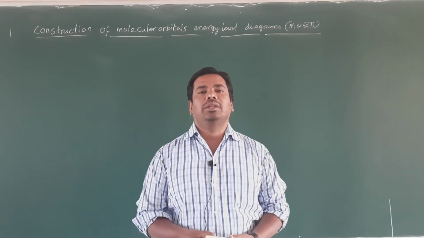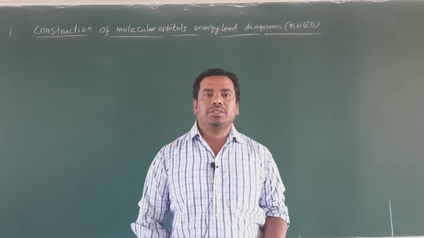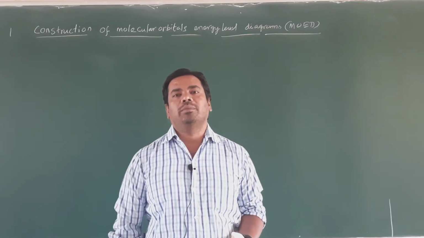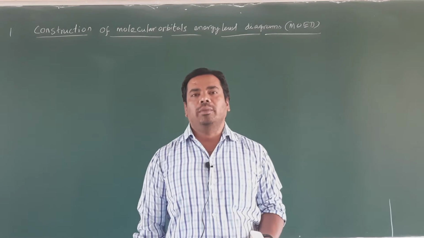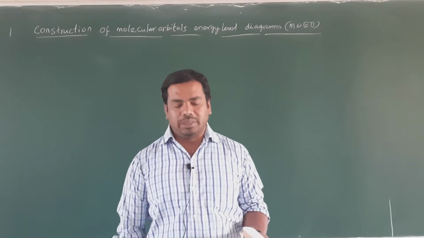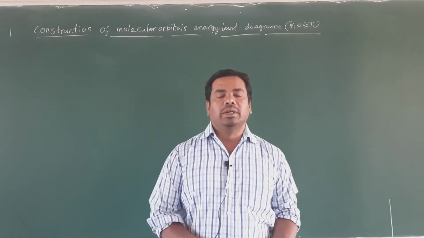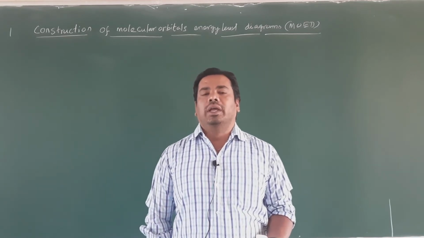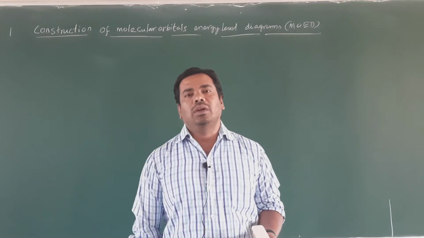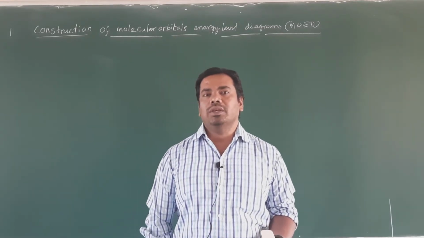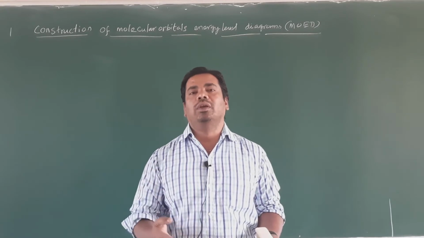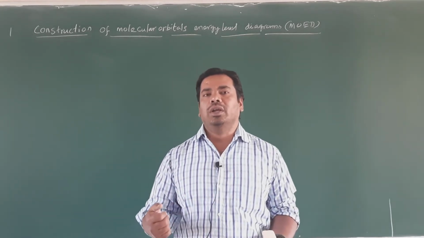So in today's lecture, we will discuss the construction of molecular orbital energy level diagrams of homonuclear diatomic molecules and heteronuclear diatomic molecules by using the linear combination of atomic orbitals approach. Remember students, in the construction of molecular orbital energy level diagrams, the number of molecular orbitals formed is equal to the number of atomic orbitals. If two atomic orbitals are combined, then we will get two molecular orbitals: one is a bonding molecular orbital, and the other is an anti-bonding molecular orbital.